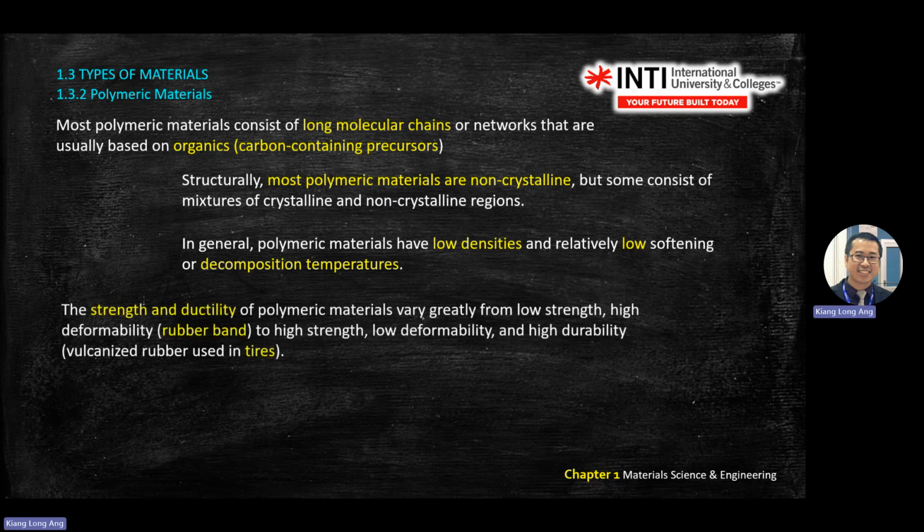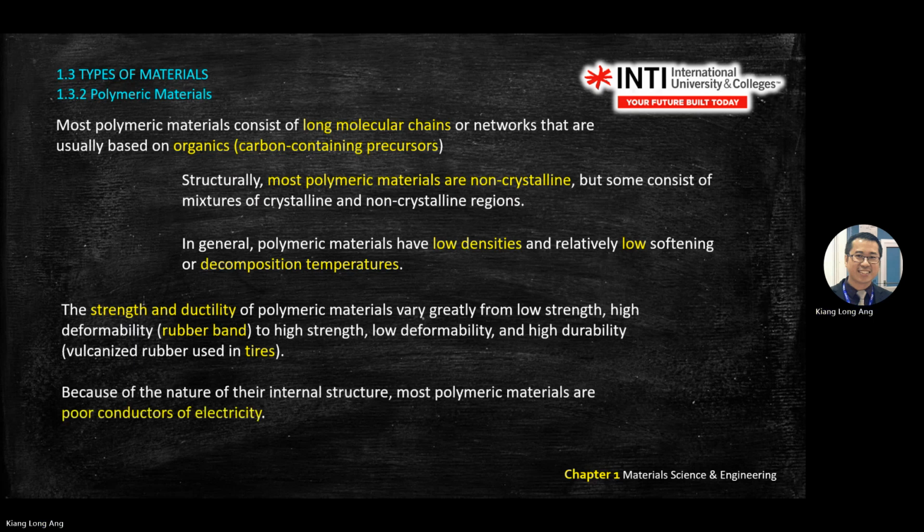For the properties of polymeric materials, you can just memorize it as a rubber material. Rubber easily melts away when you raise the temperature. So low density, and they soften or decompose at low temperature. The rest you read.